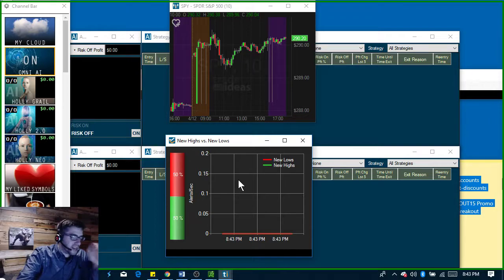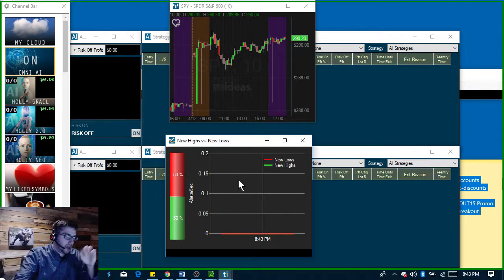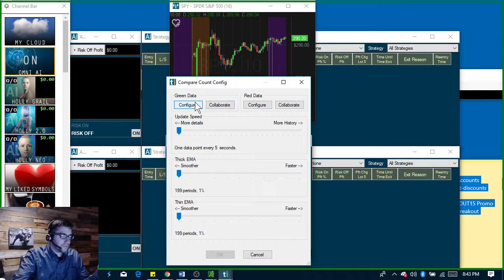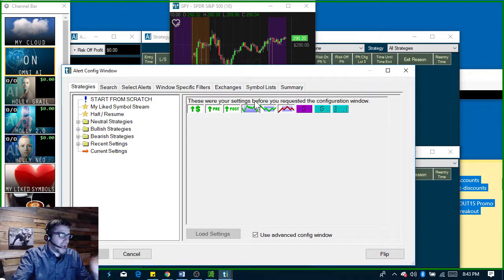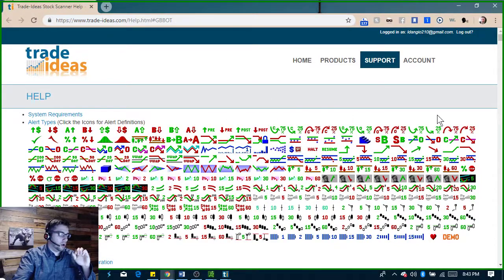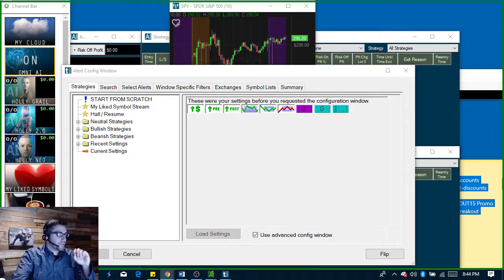But the most fascinating part about TradeIdeas is I can right click, configure, go to green data, configure, and I can add in any kind of formation that I'm looking for. Just to give you an example, there are tons of different types of formations you could look at, but I'm looking for chart patterns in particular. So those are these right here, different kinds of chart patterns. You can say, you know what, I want to add some stuff.